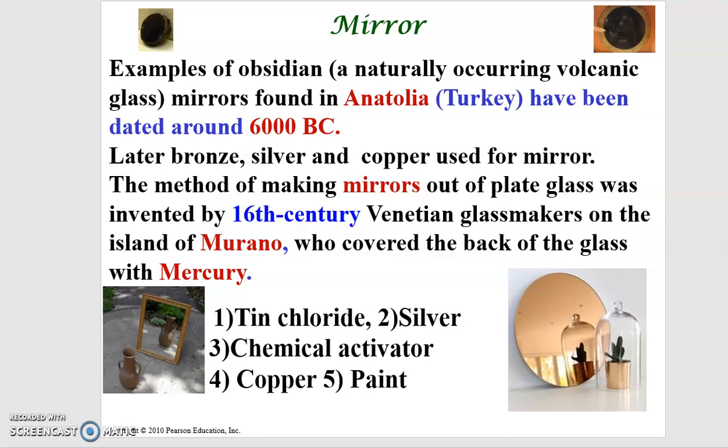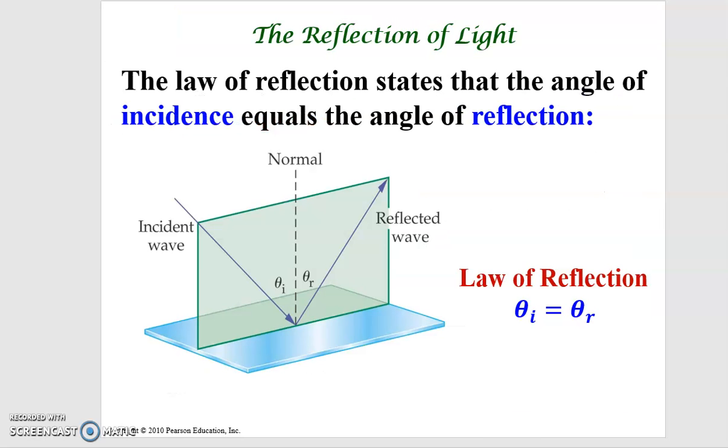Now let's study what happens when a light wave interacts with a mirror made of glass. The light propagates along this direction; this is the ray of the light wave.